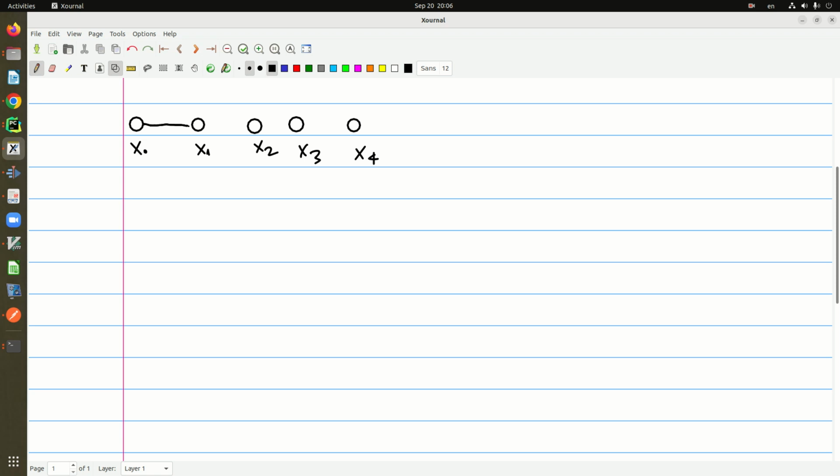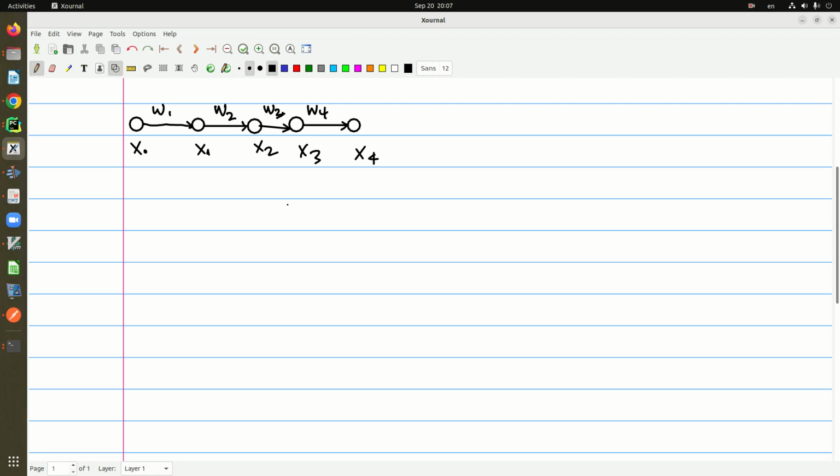They are connected by synapses, as we can see here, and each synapse has a weight. Let's call them W1, W2, W3, and W4.